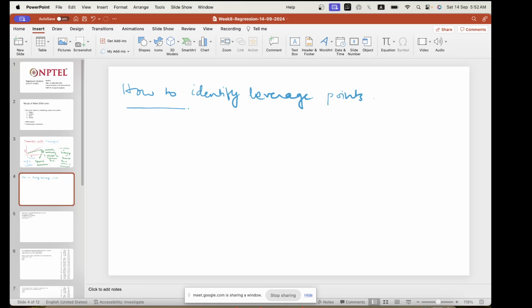We learned something known as the H or the hat matrix. The hat matrix comes from multiple linear regression, that is, y equals X beta plus epsilon.